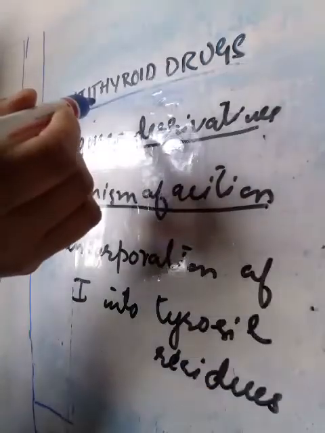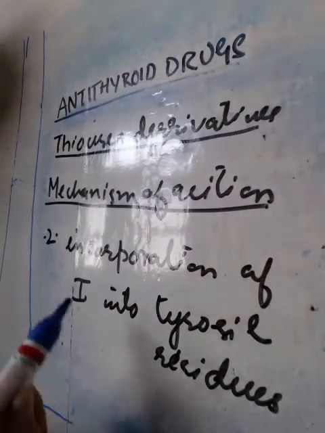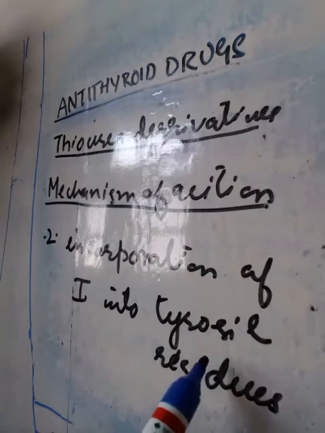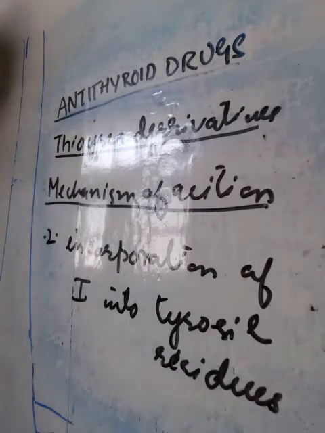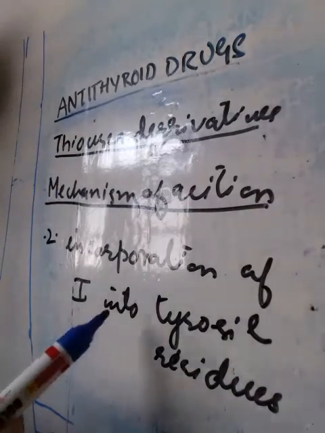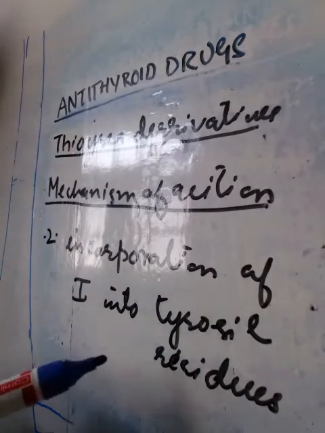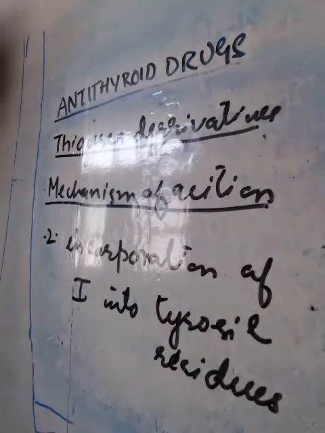This group of drugs cause inhibition of this step. That is, they inhibit the iodine from getting combined with the tyrosine, which results in the synthesis of thyroxine. Hence, these drugs cause the inhibition of the synthesis of the thyroxine hormone, with which they perform antithyroid effects.